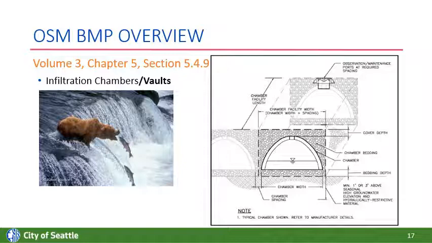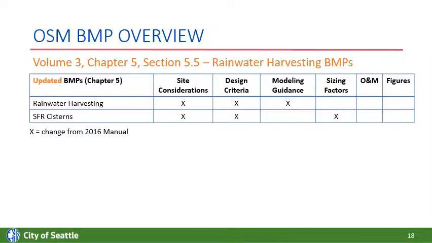Some of the operation and maintenance requirements have been updated, and the elimination of overflow and underground injection wells at single-family homes have been clarified. Applicability for the pre-sized approach has been clarified for this BMP, and design criteria for liners and observation and maintenance ports have been added for infiltration chambers and vaults.